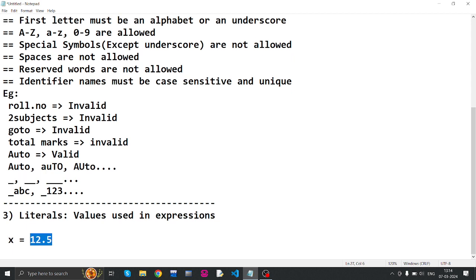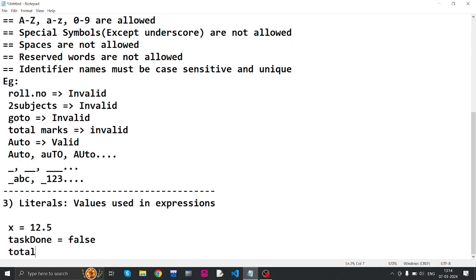So this 12.5 is a literal. If I take something like task_done equals false, this false is a literal. Similarly, total equals 599. 599 is a literal here.